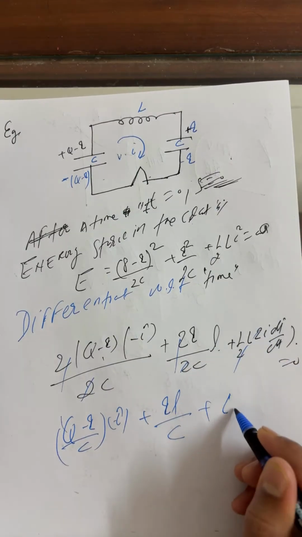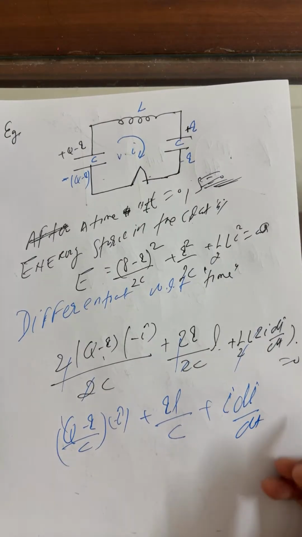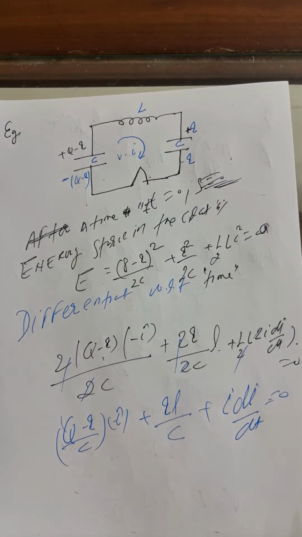So we can say I di by dt, which is equal to 0.